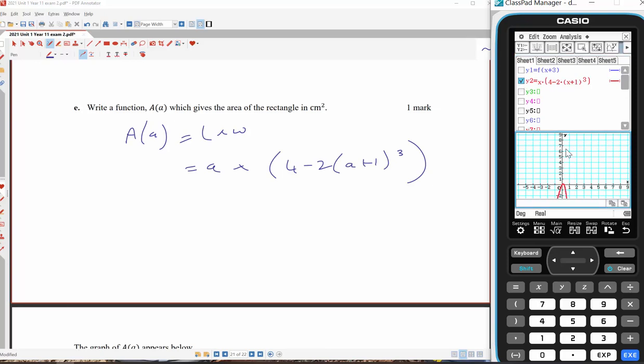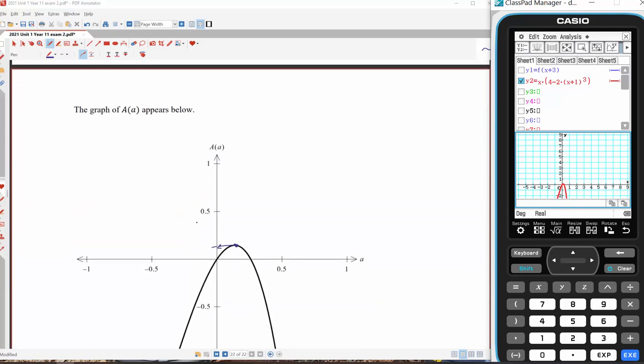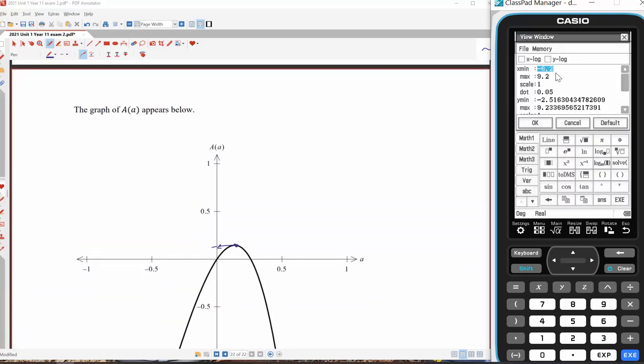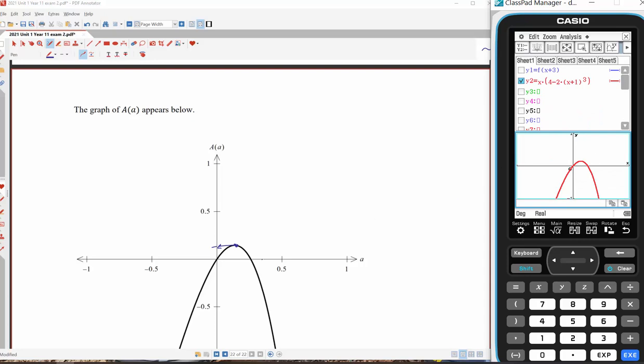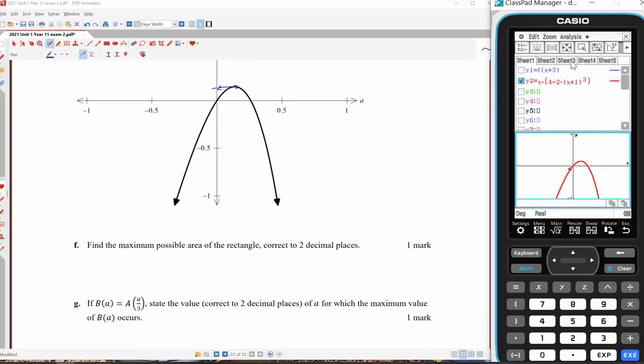Well, let's have a look. So there it is there. We can narrow down our window just to see it the way the graph has it. That looks pretty similar. So we'll go analysis, gsolve, and run a max on it.